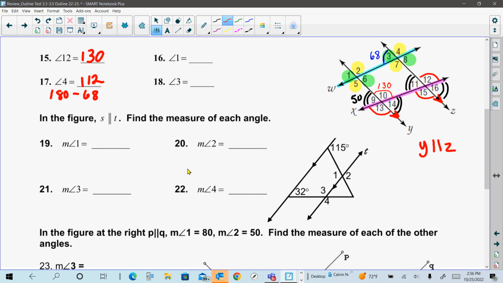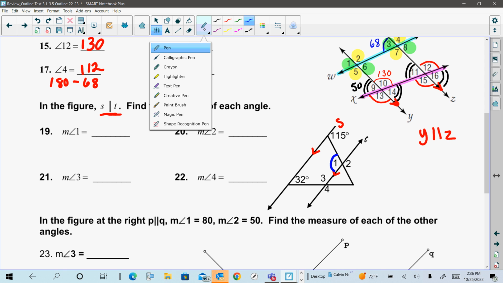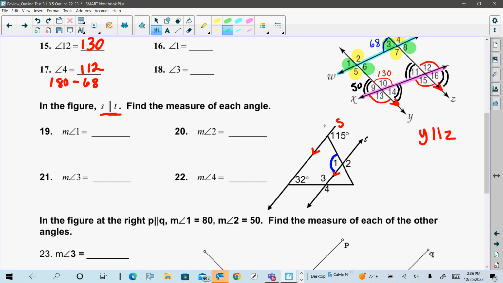Same here on this next little diagram. This is important. They tell you S is parallel to T. So I just went ahead and labeled that line S and added the arrows. And then they want us to find the missing angles based on the given information. So if I want to find angle 1, which is over here, this line could turn into a transversal to make angle 1 with the parallel lines.